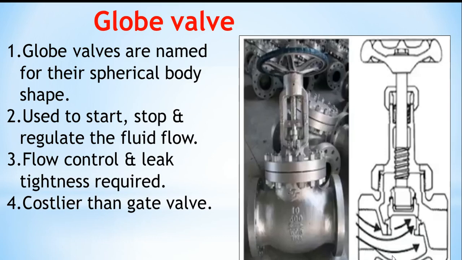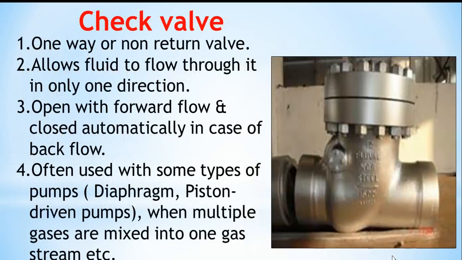It is also costlier than a gate valve, but it is quite commonly used compared to many other types of valves in the process industry. Next, we will see the check valve.